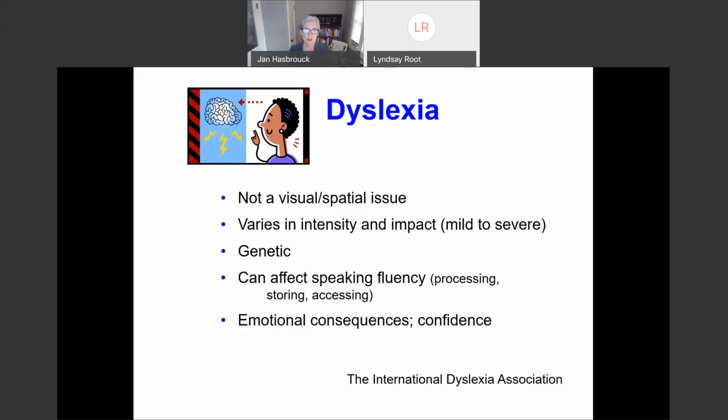There are often emotional consequences, a lack of confidence when students start to realize, and it happens very early on for many children in kindergarten or first grade, they realize that they're not learning to read and write and spell as easily and effortlessly as many of their peers.